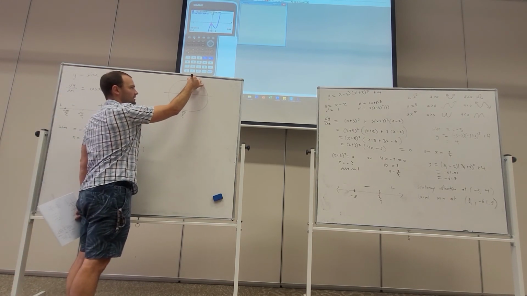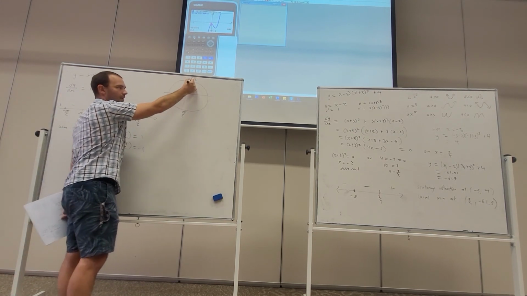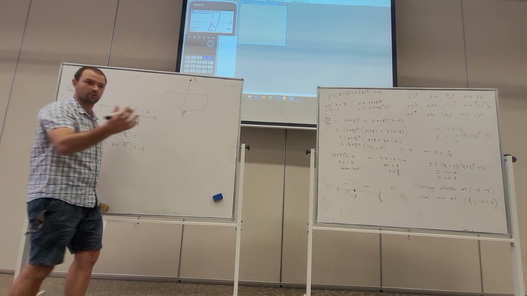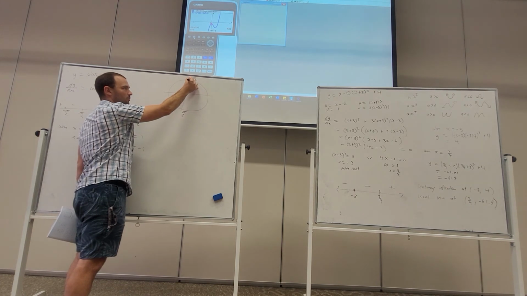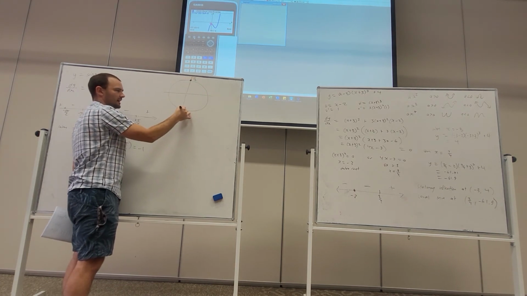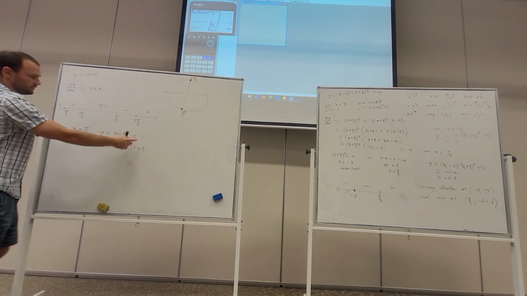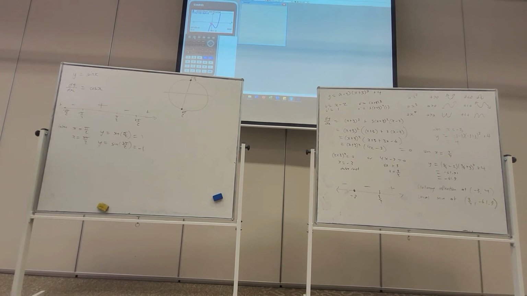Here is the angle, x is pi on 2, what's the y value there? Positive 1. The unit circle has a radius of 1, so the coordinates of that point are x is 0, y is 1. And down here, x is 0, y is minus 1. So you can get them from the unit circle.